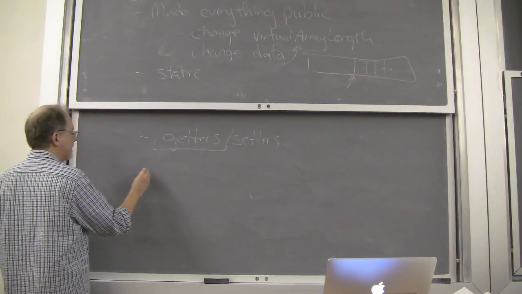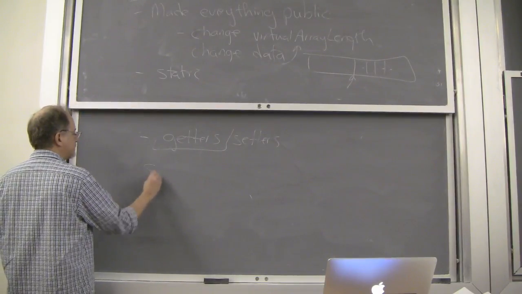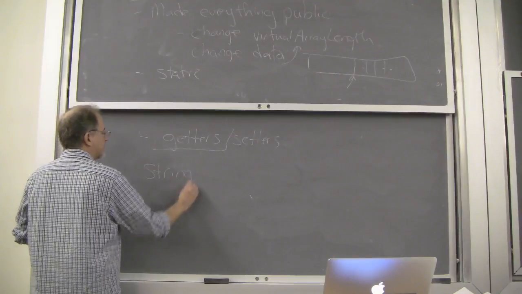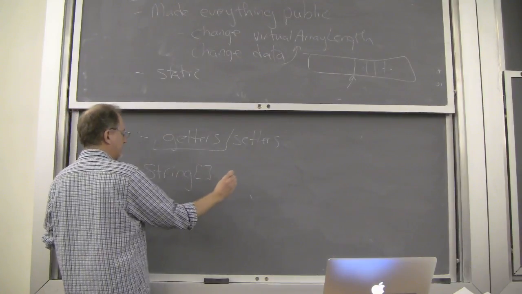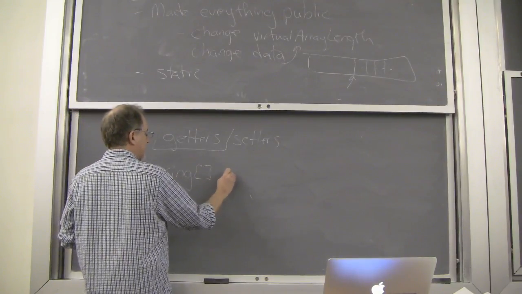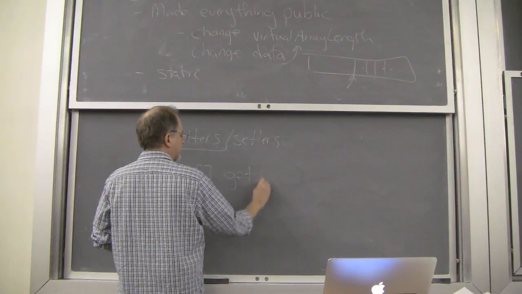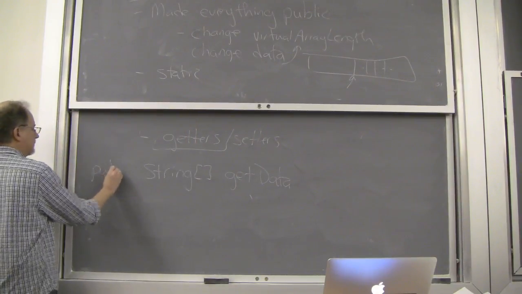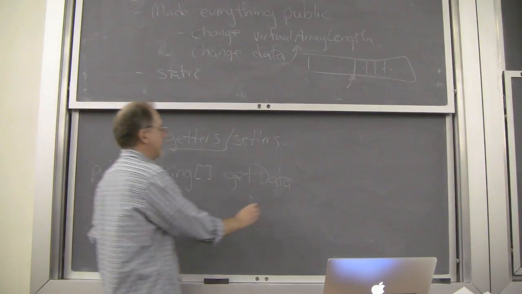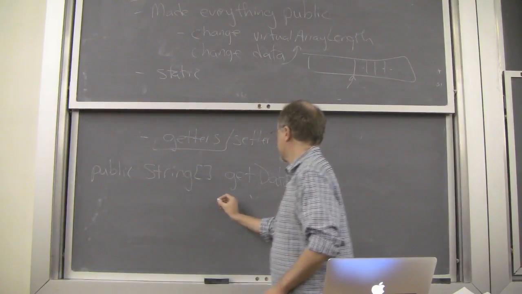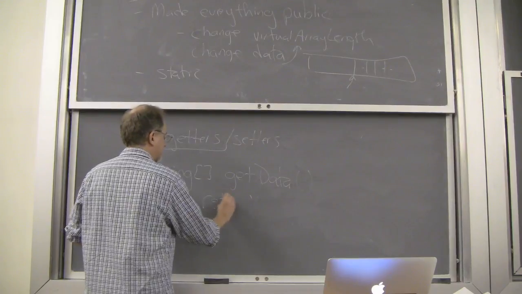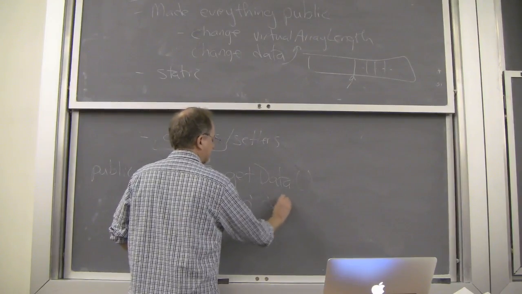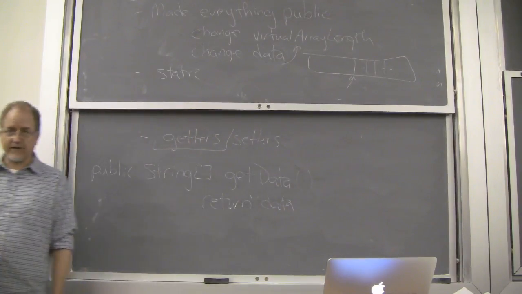So what if I had a string array get data. So this is public get data, and this thing returned data. So we've talked about having getters before, right?